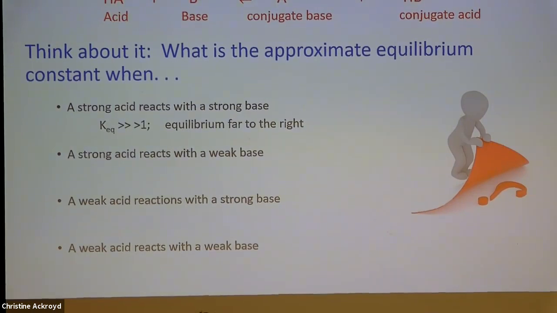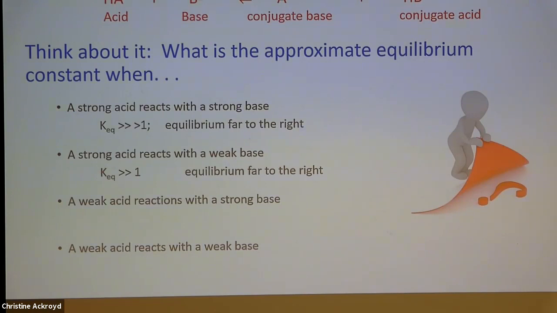Now, the weaker the base, the stronger the conjugate acid, right? But it's still going to be classified as a weak acid. It can be a stronger weak acid or a weaker weak acid, but it's still a weak acid. Okay, where does equilibrium lie? All the way to the right. As long as one of the things on the starting material side is strong, that's enough to push equilibrium all the way to the right.